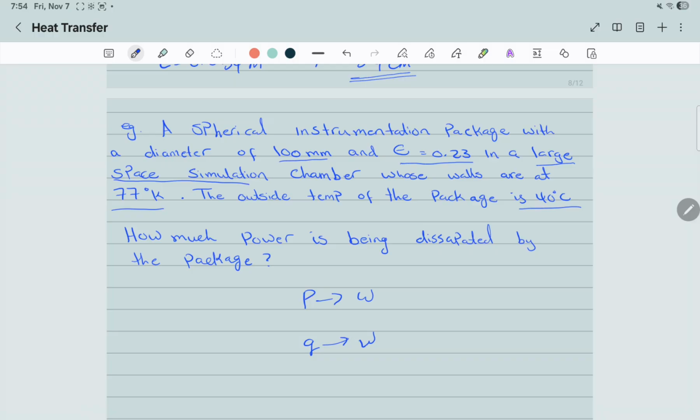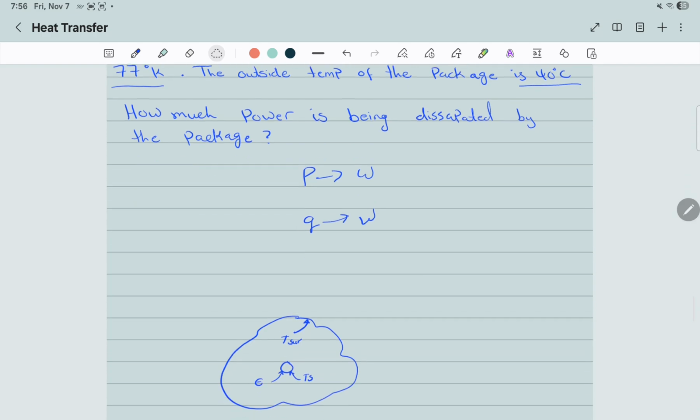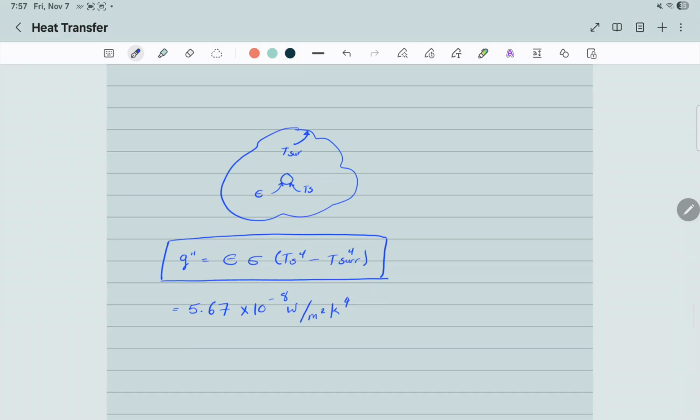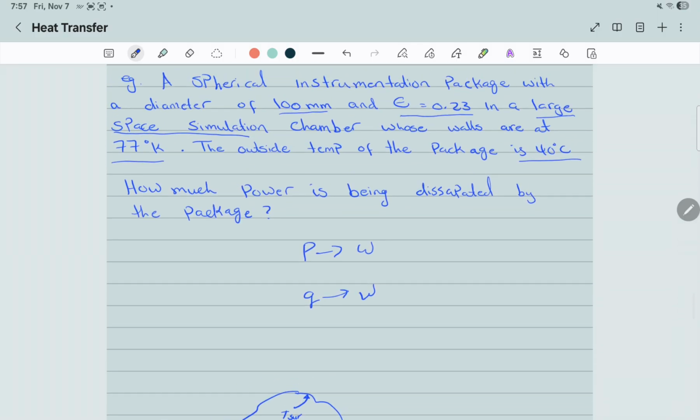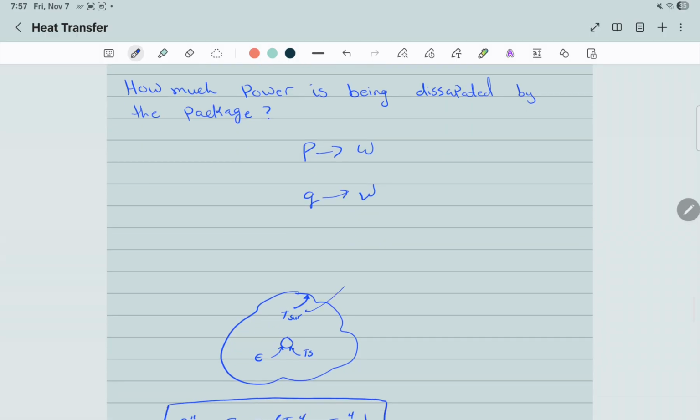So since we're working with a large space, a small object in a large space, we'll be using Stefan-Boltzmann's equation that applies to small objects in a large space, as shown in the graph here. This is your Stefan-Boltzmann's constant. Okay, for your T surrounding, it is 77 Kelvin.